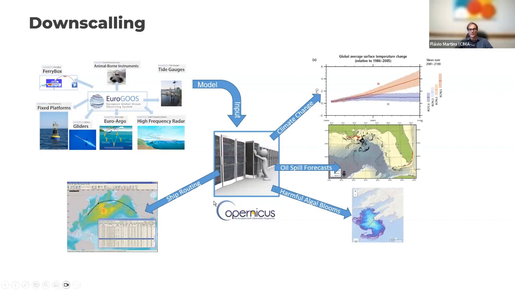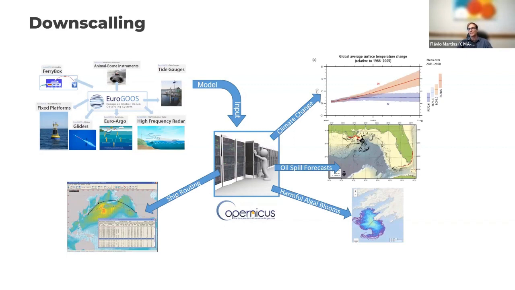And this Copernicus is the European center that retrieves data, runs the models and displays the results. Okay, and they have very large systems.